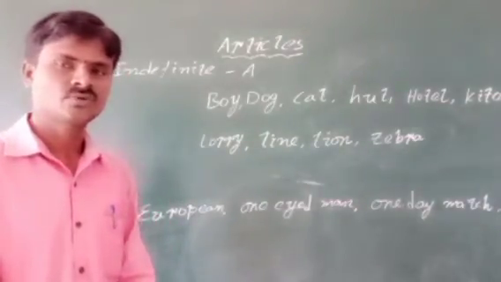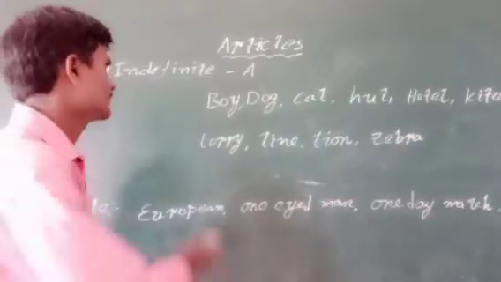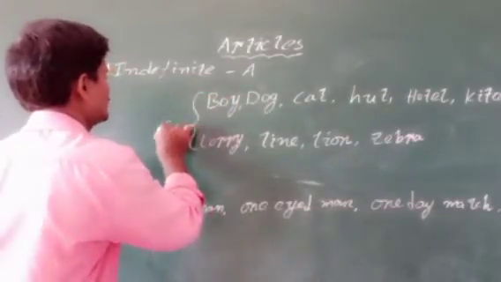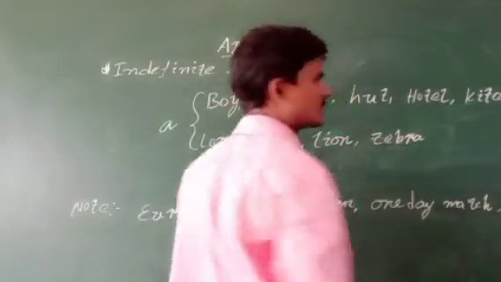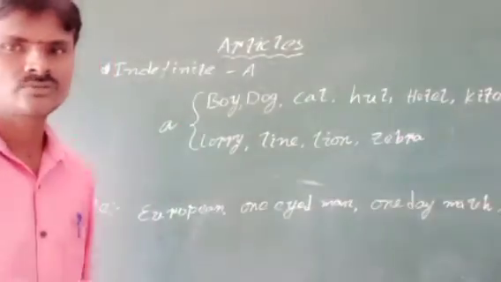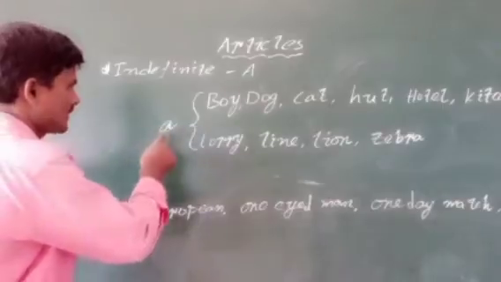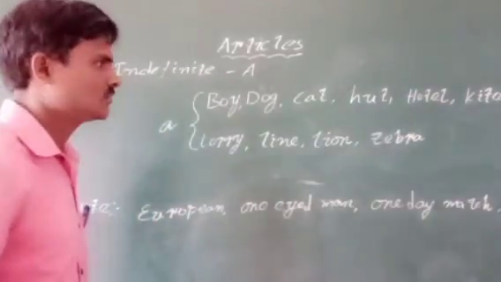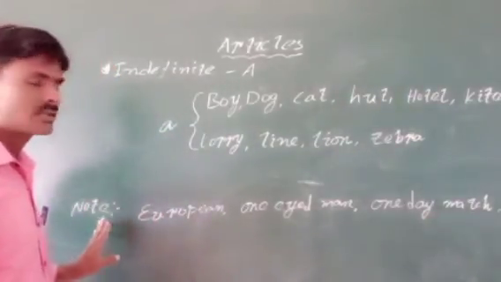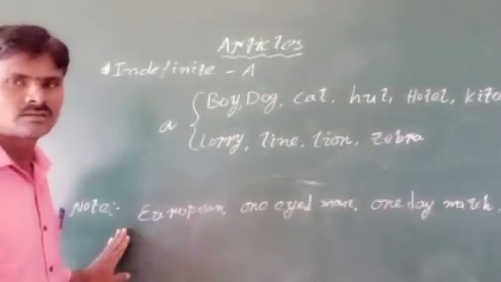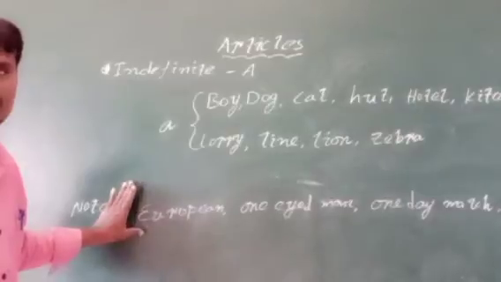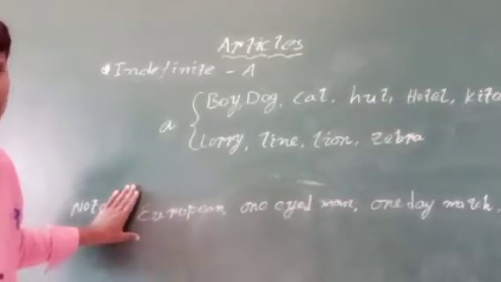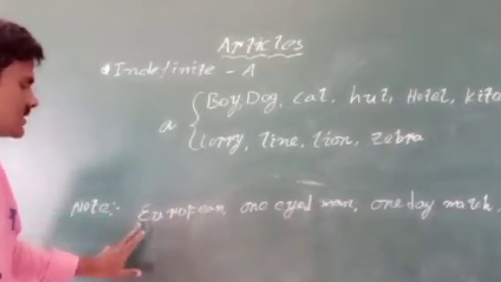Before consonant sounds you have to use "a". Here, king also has a "ka" sound, so you have to use "a". And coming to note here, even some vowel sounds are pronounced as consonants.